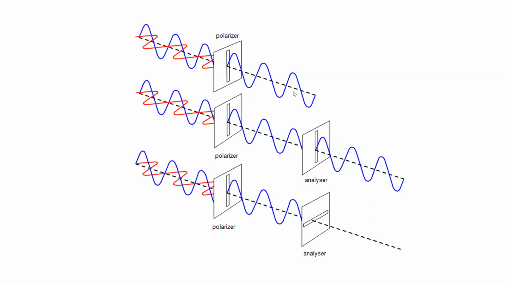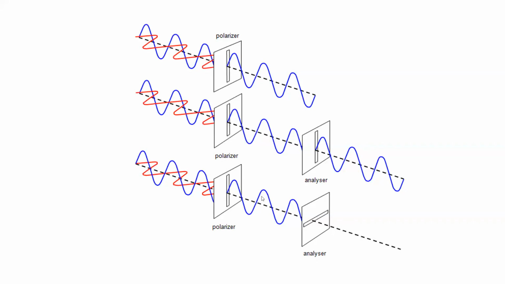If I use a second polarizer, and the second one is called an analyzer, and I put this analyzer also in the vertical direction, it also allows the wave to pass through. However, if I rotate the analyzer by 90 degrees, like shown here, and set it in the horizontal direction, right?